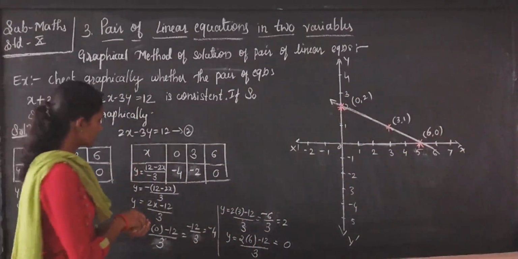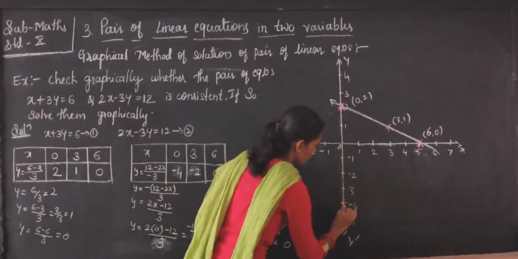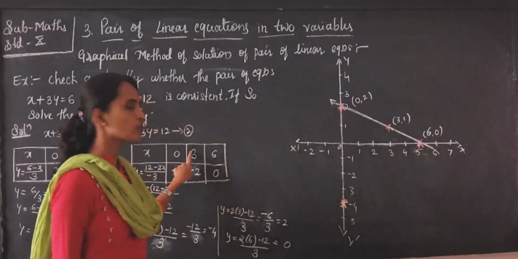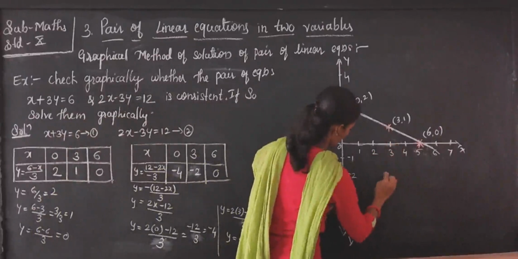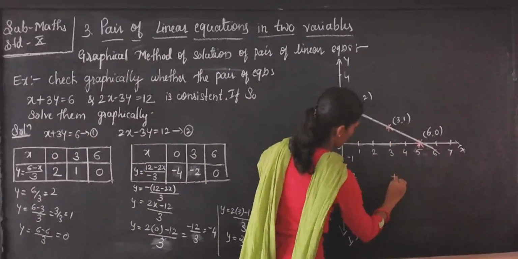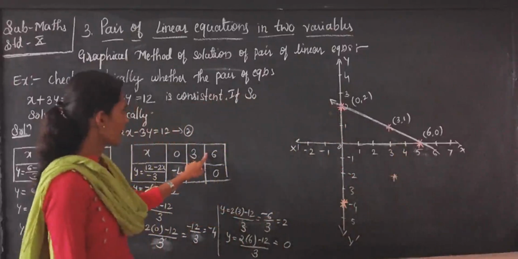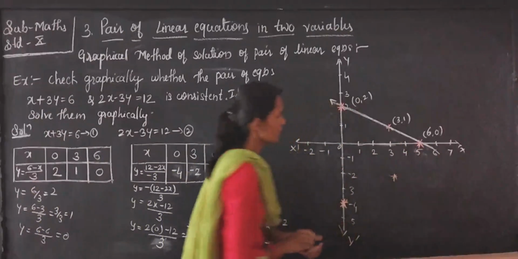Okay, so next, the second equation we will represent here. When x is equal to 0, y is equal to minus 4, which means it will be on the downside here. Second one, when x is equal to 3, y is equal to minus 2, so it will be here, (3, minus 2). Again next, when x is equal to 6, y is equal to 0. Sorry, I took 5 there.